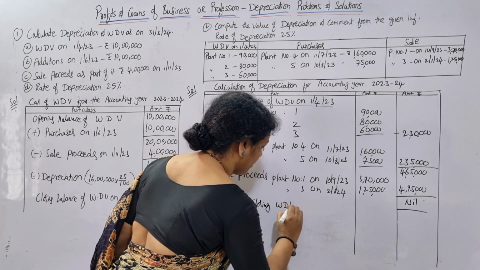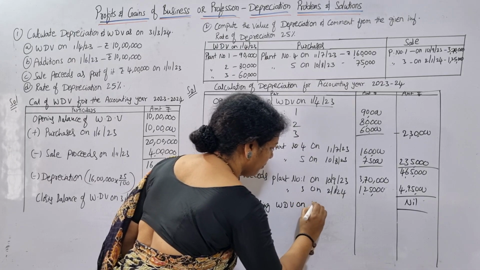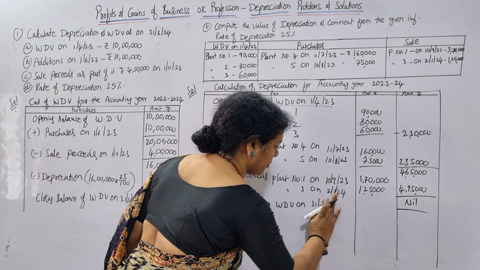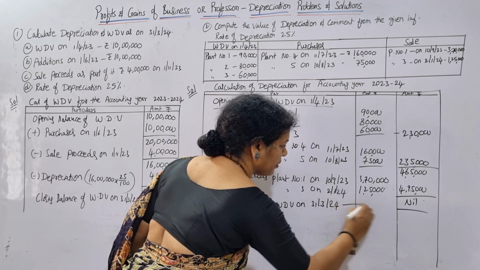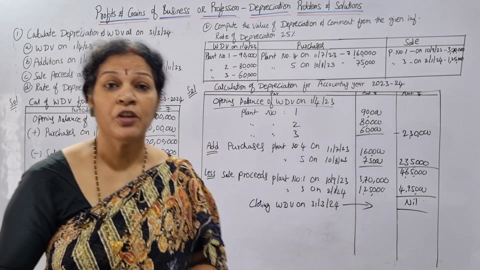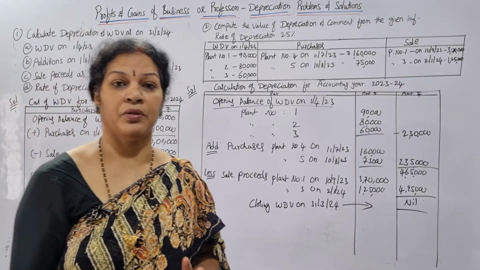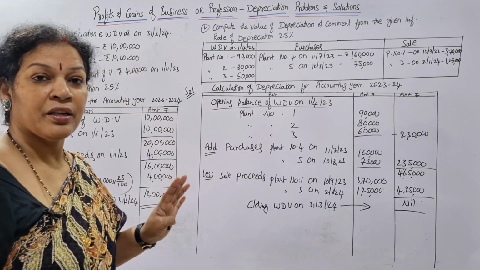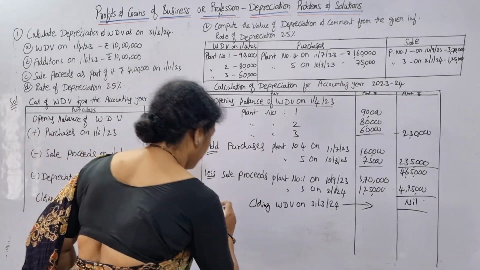Okay, closing WDV on 31st March 2024. This is nil. It means no depreciation is allowed. Depreciation is not allowed. But here remember we have a capital reserve. You can write it here.